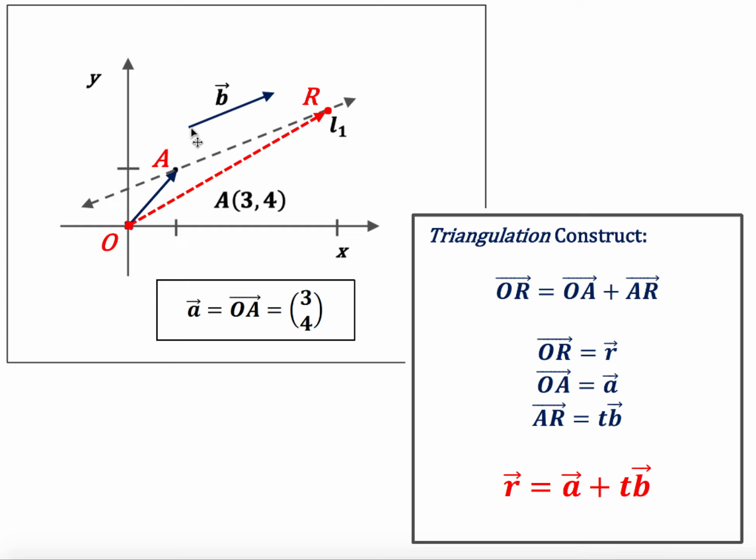And if you thought about the length of that, and maybe even multiplied b by 2 to double its length, maybe that's roughly what it takes to get from that point to that point. So this AR entity, which is t times b, t, you'll notice, is not a vector, it's a scalar, a single numerical value as it multiplies the vector.